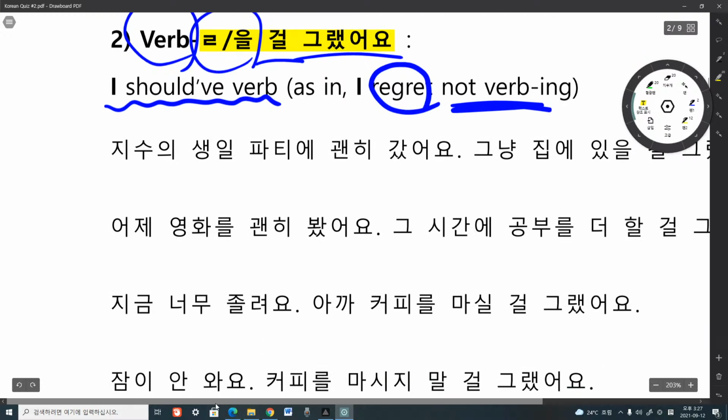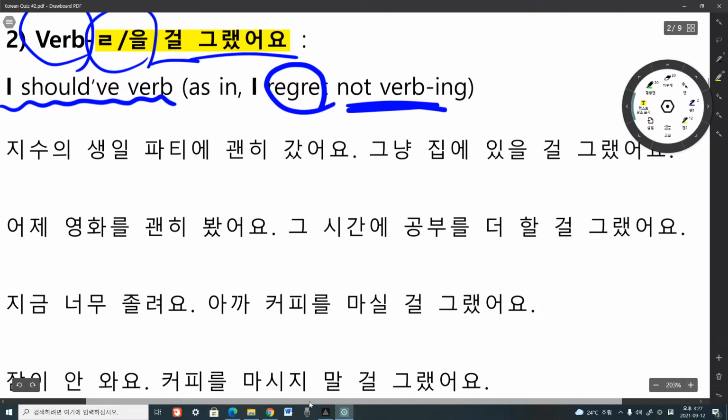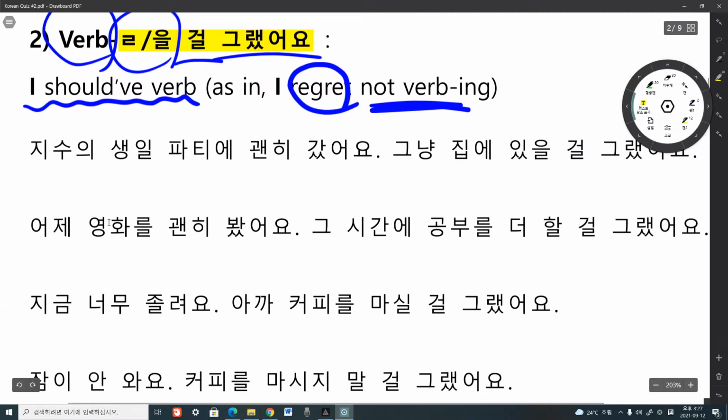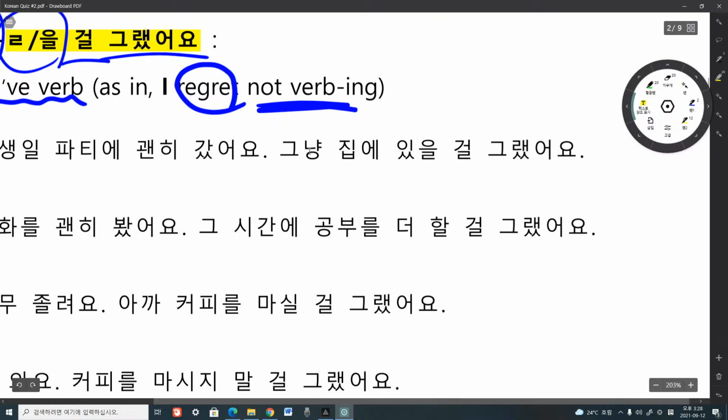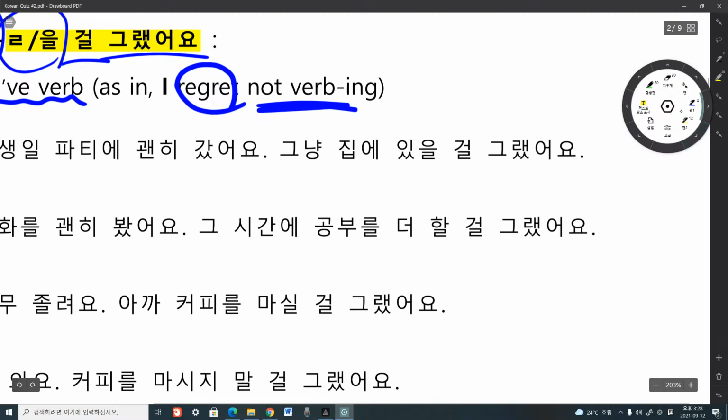So let's move on to the example sentences here, guys. 지수의 생일 파티에 괜히 갔어요. I regret going to Jisoo's birthday party. And adding to that, you can say 그냥 집에 있을 걸 그랬어요. Can you guys try guessing what this means? 집에 있다. 그냥 집에 있다.